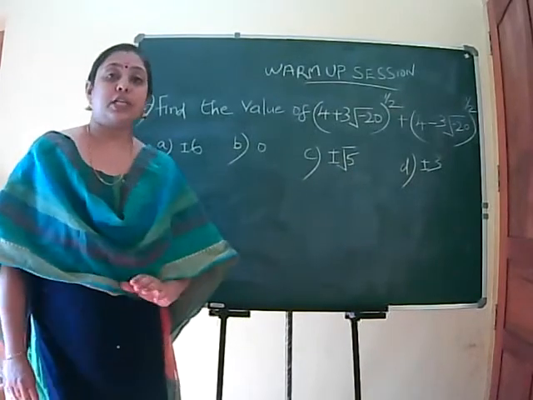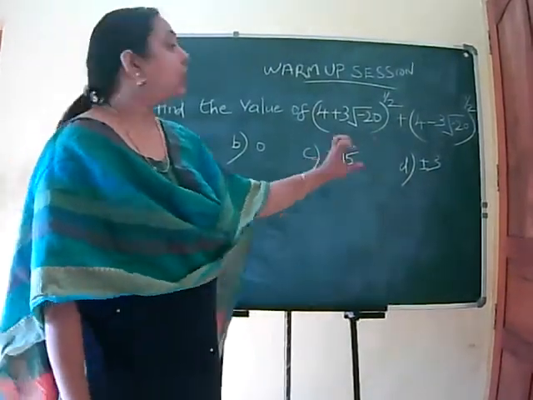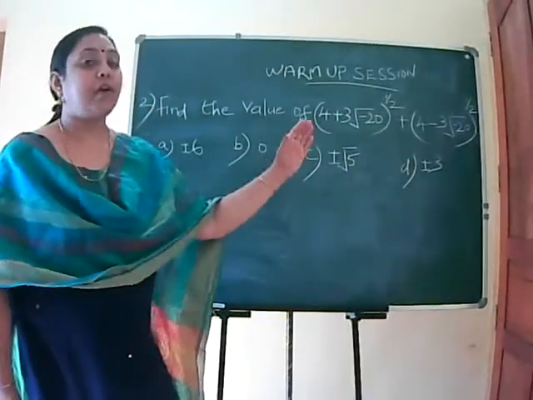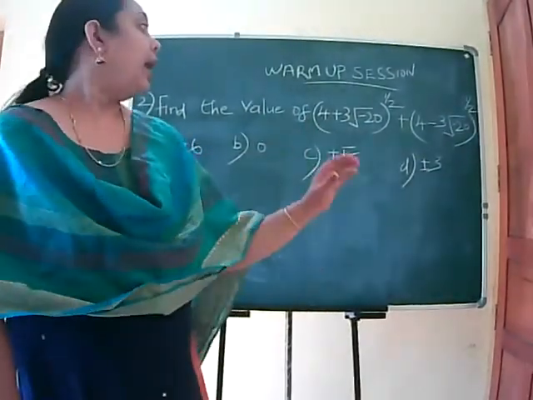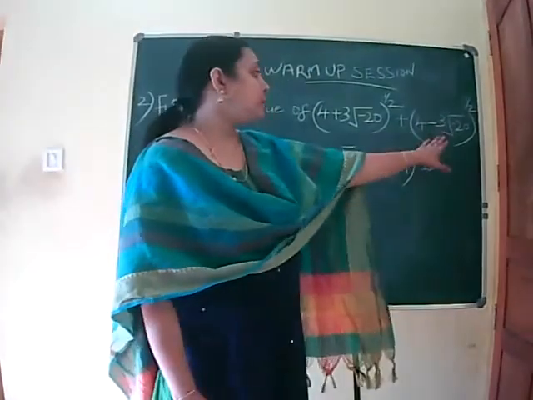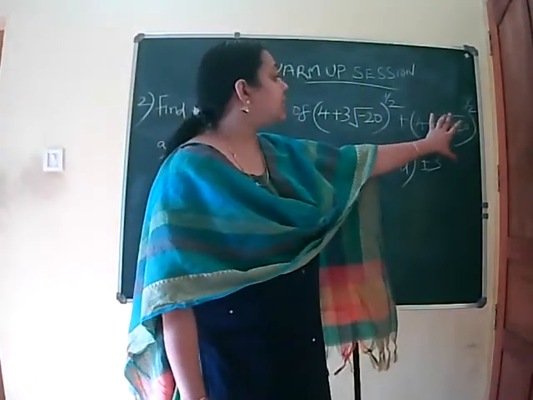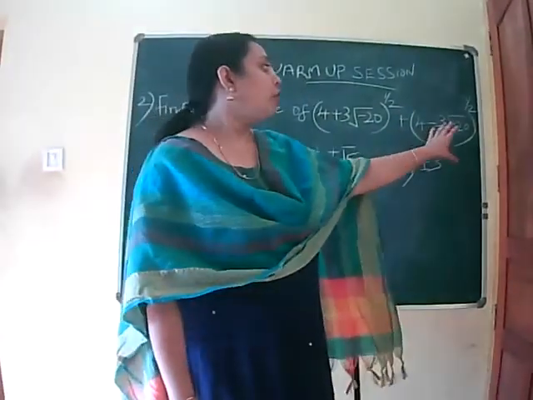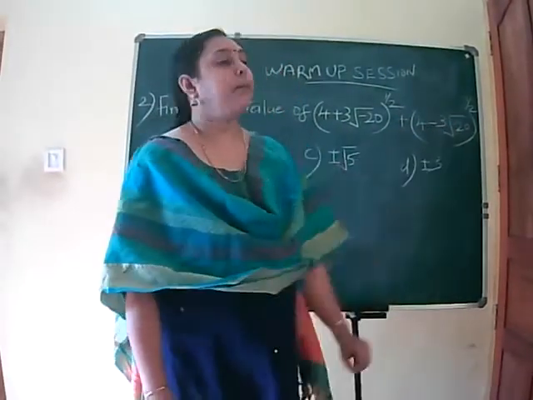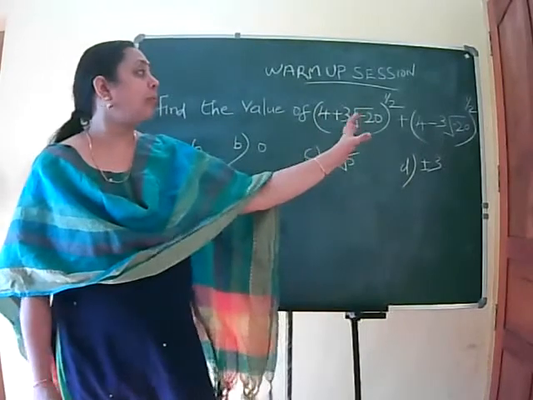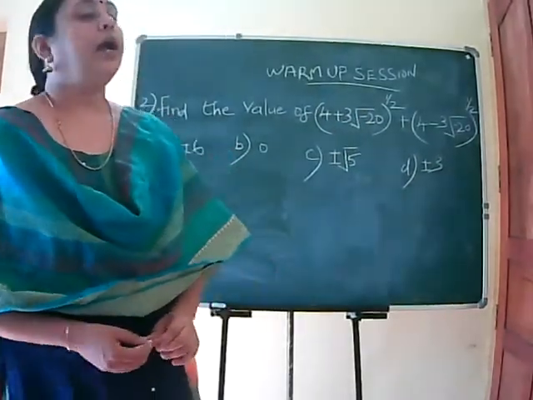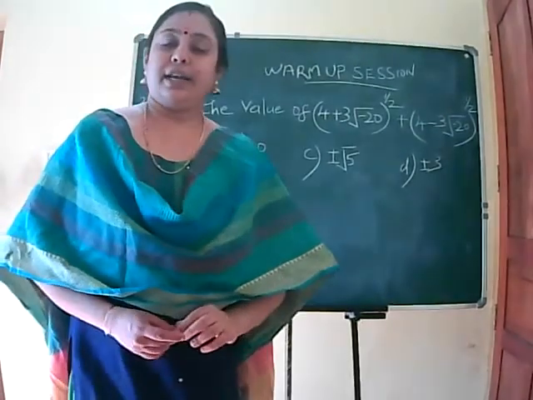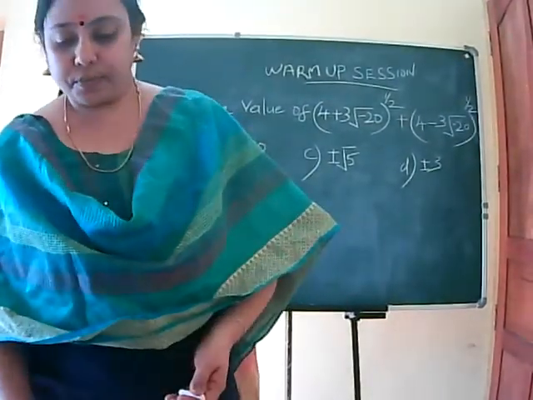First of all, we take only this portion and find its value, and then this portion is the conjugate of this, so we can easily find its value. Then take the sum of the two portions. That is the procedure. Okay, then let us start with the question.